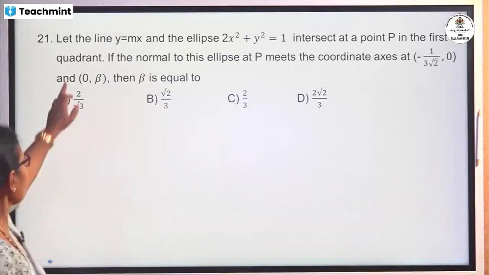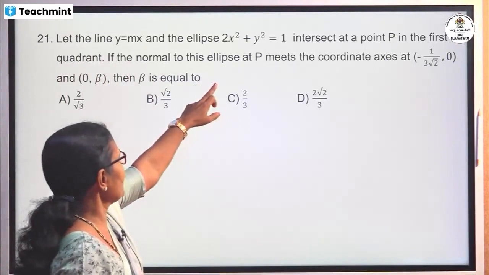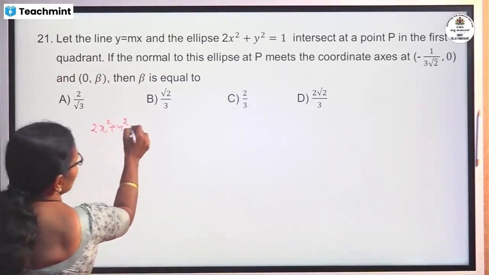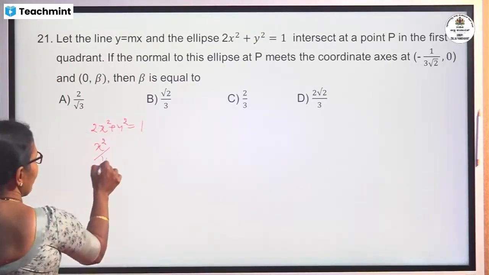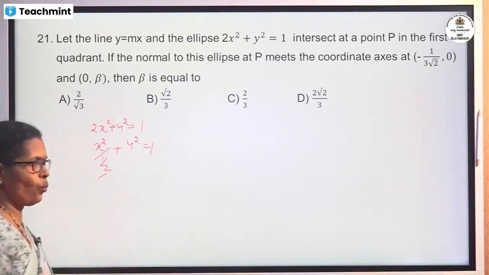Next question: let the line y is equal to mx, and the equation of the ellipse is given, 2x square plus y square is equal to 1. Then x square divided by half plus y square is equal to 1.